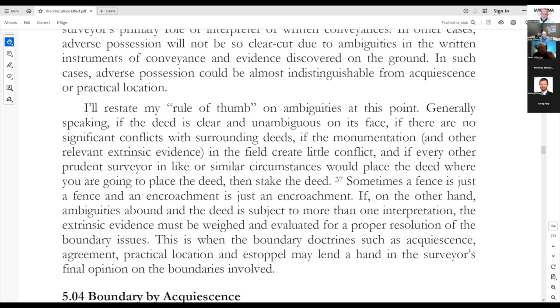And so I hope that everybody understands there that what we're talking about on one side is record title, not necessarily conveyance geometry. It's record title, and which involves all of the surrounding deeds, prior deeds.